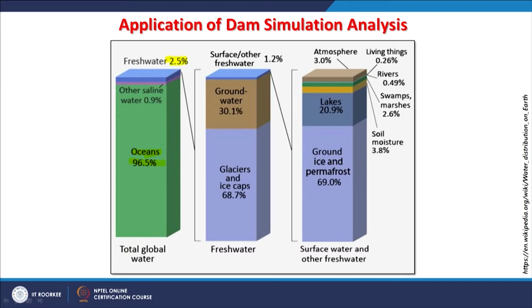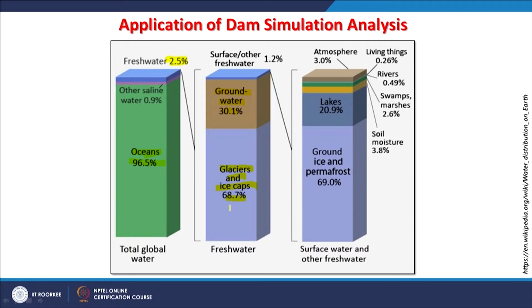Out of this 2.5%, 30% is groundwater, which generally we take out and use for drinking, irrigation or whatever. Glaciers and ice caps hold about 68% or 69% of the total fresh water.